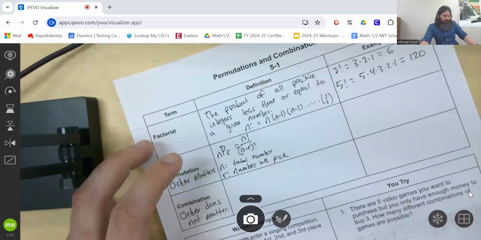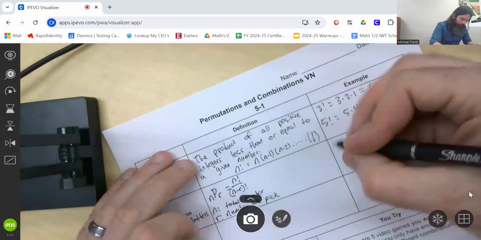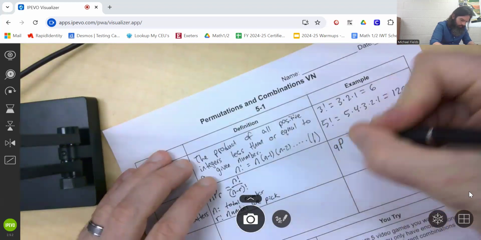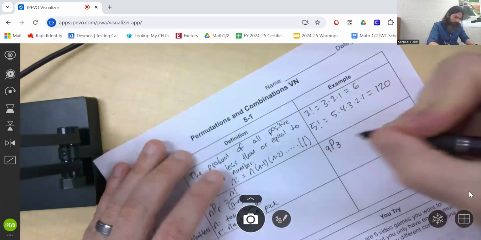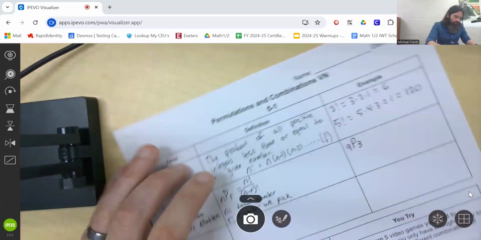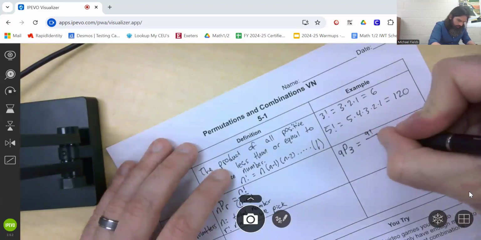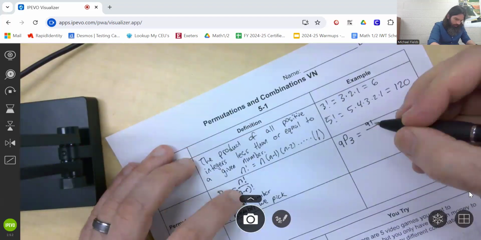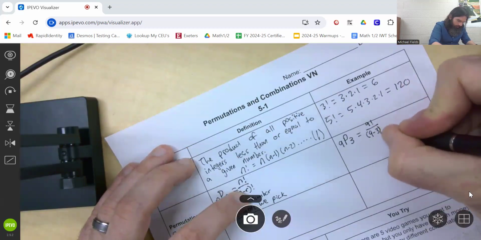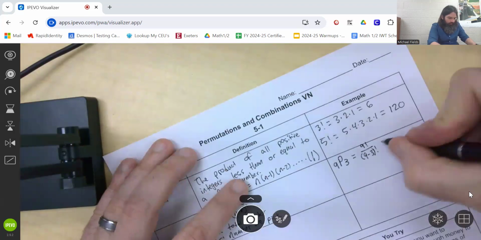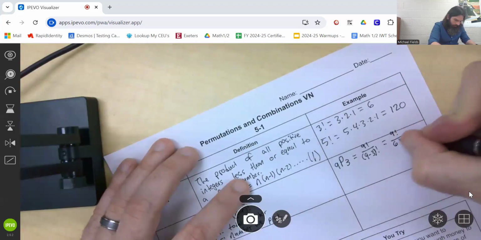Okay. So looking at the example of drawing a 3 and then a 5 and then a 7. There are 9 cards, we said. 1, 2, 3, 4, 5, 6, 7, 8, 9. So that's 9P3, because we're drawing 3. So that's going to equal 9 factorial over 9 minus 3 factorial, and so this is 9 factorial over 6 factorial.